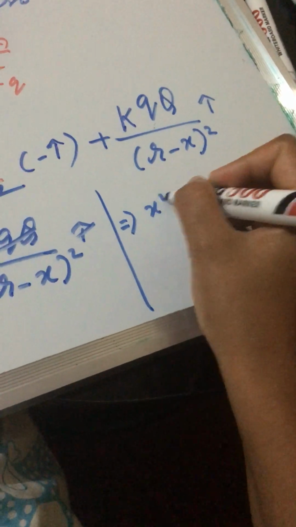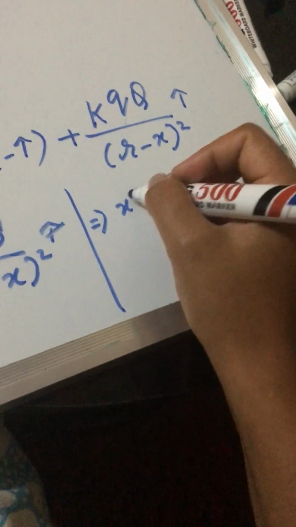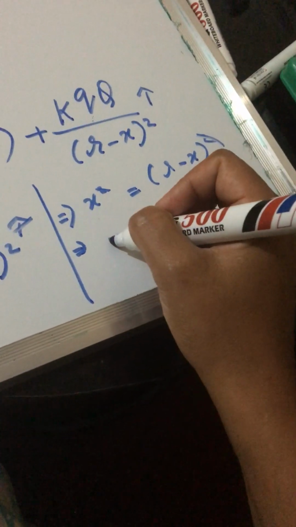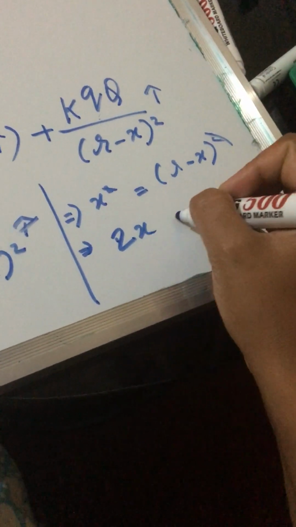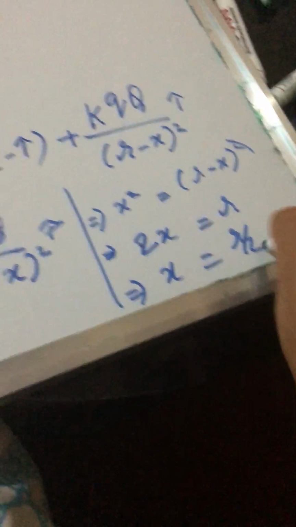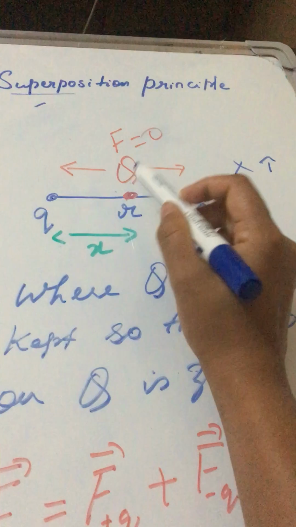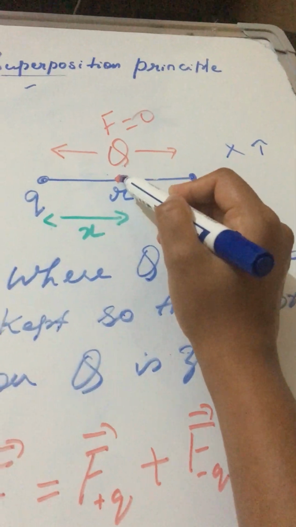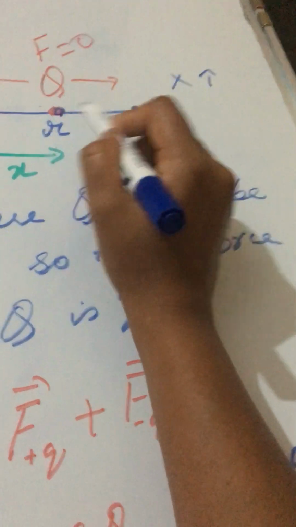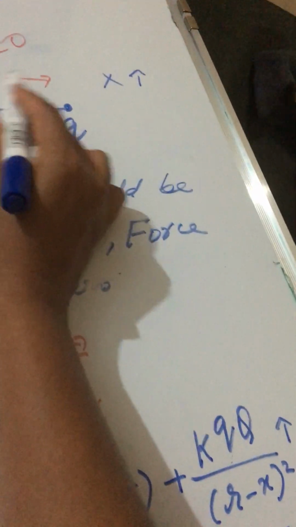X squared equals R minus X whole squared. So R should be X and X, so 2X equals R, so X should be R by 2. That means for this plus Q to experience 0 force, it has to be kept right in the middle. Yes or no? Because whatever the repulsion, equal will be the attraction, right? One will be pulling from this side, another will be attracting from this side.